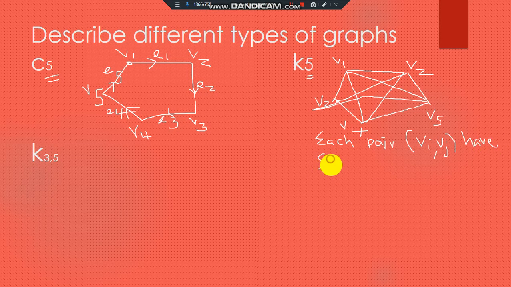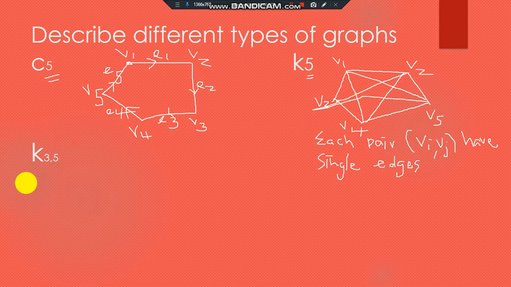That's very important. A single edge. Then the graph is called a complete graph. Then this graph is called a complete graph.